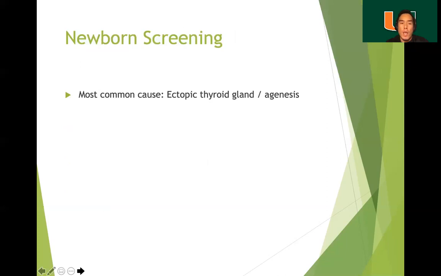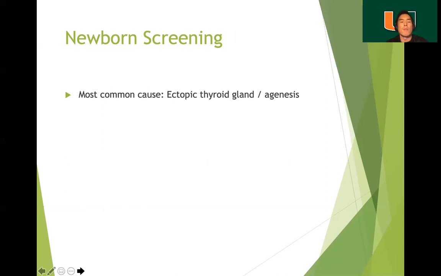Again, I mentioned the most common cause is ectopic thyroid gland or thyroid dysgenesis. We're going to be doing a case illustrating how to manage a positive newborn screening for thyroid function tests during academic half day.